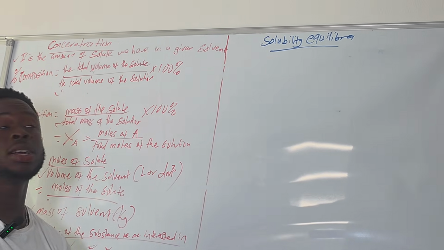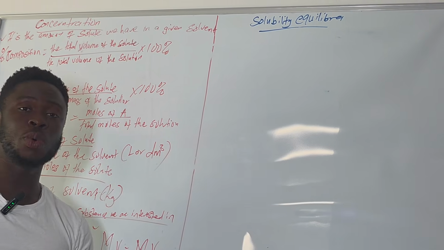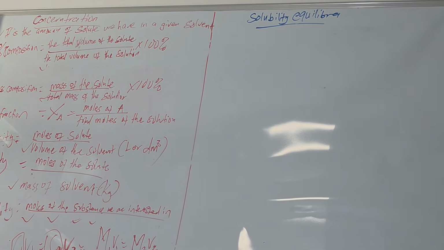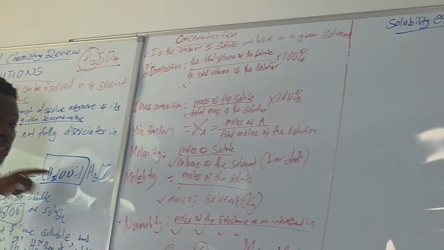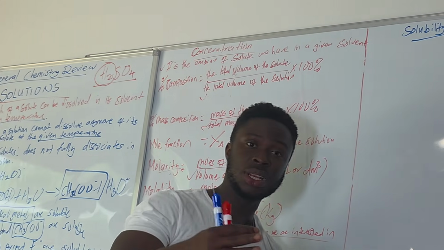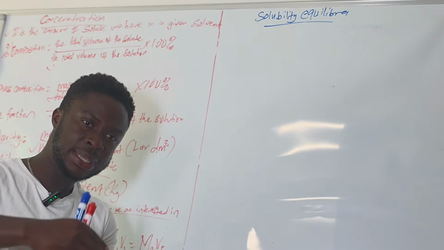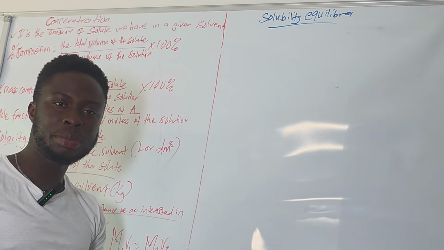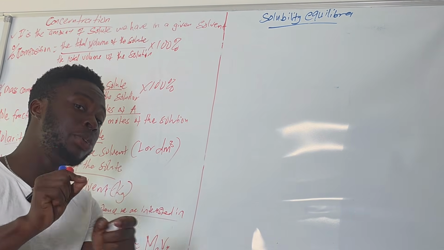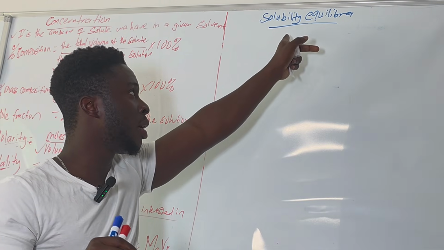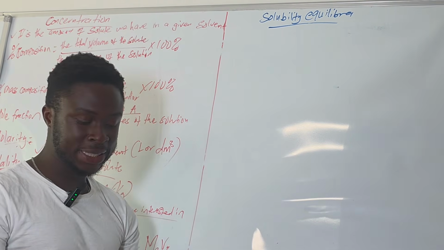What this is trying to say is that a sparingly soluble solute does not fully dissociate in the solution. It goes a little bit, then a little bit, then a little bit until an equilibrium is reached, and that equilibrium is what we call the solubility equilibrium.